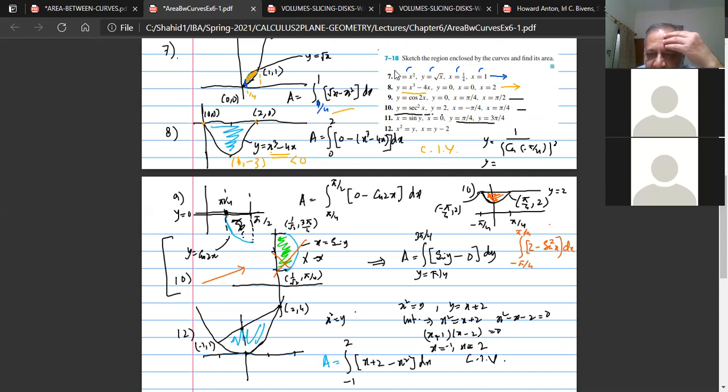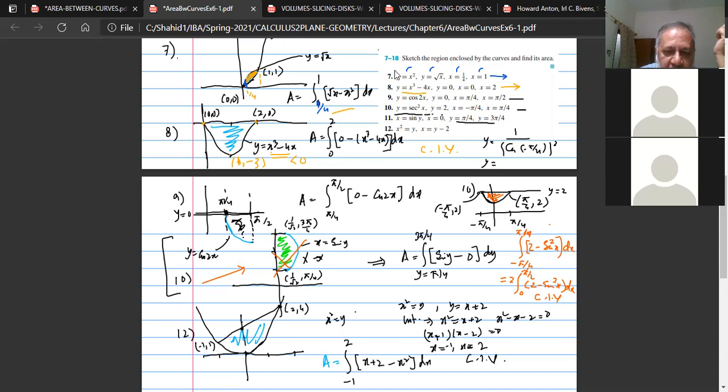Many times when we have this kind of situation and the region is symmetric about the axis, we can write it as 2 times integral 0 to pi by 4 of 2 minus secant square. And this can be integrated easily. 2x minus tangent x will be the integral and you can complete it yourself.